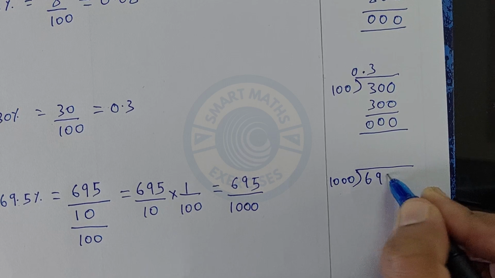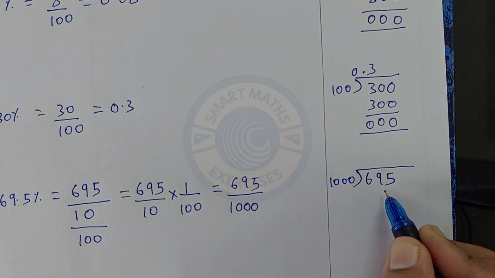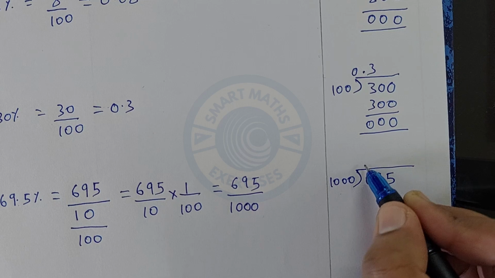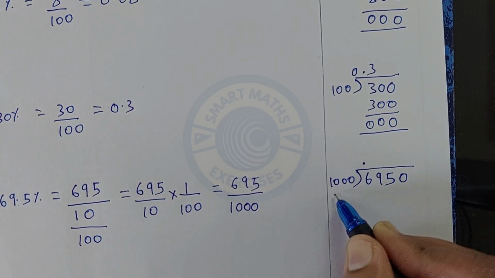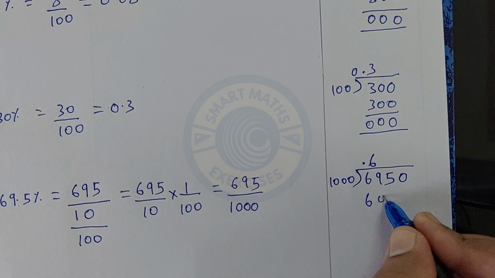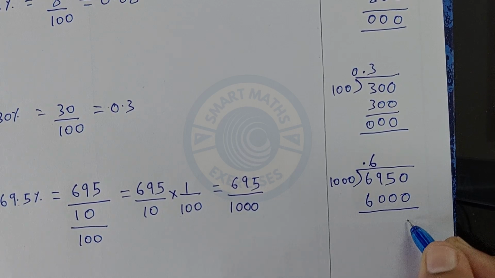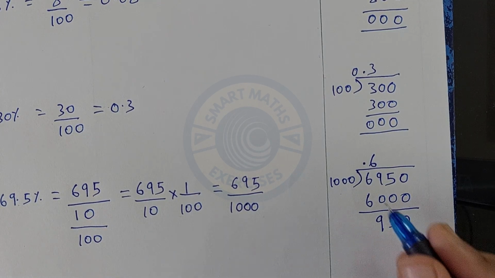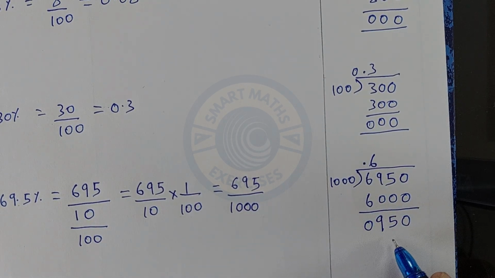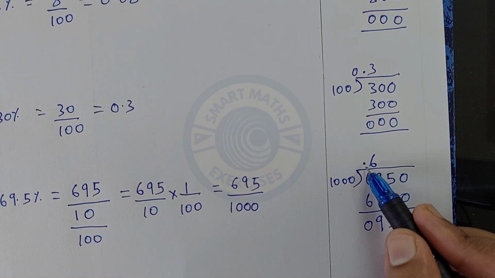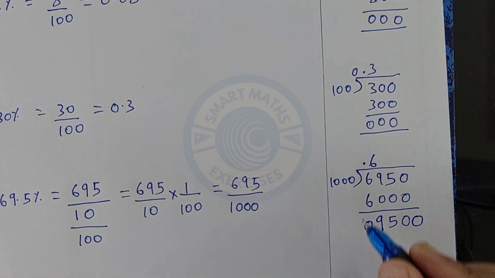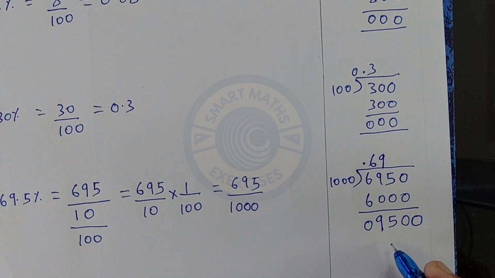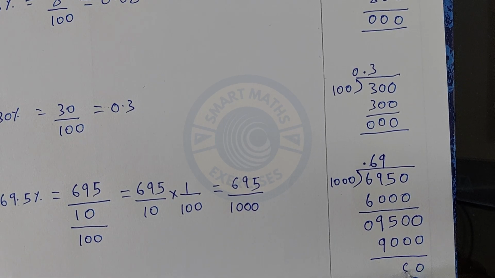1000 outside, 695 inside. Since 695 is less than 1000, so put a point and add a 0. 1000 sixes are 6000. 0 minus 0 is 0. 5 minus 0 is 5. 9 minus 0 is 9. 6 minus 6 is 0. Now we are left with 950. Since we already have a decimal point, add one 0. 1000 nines are 9000. 0 minus 0 is 0. 5 minus 0 is 5. 9 minus 9 is 0.